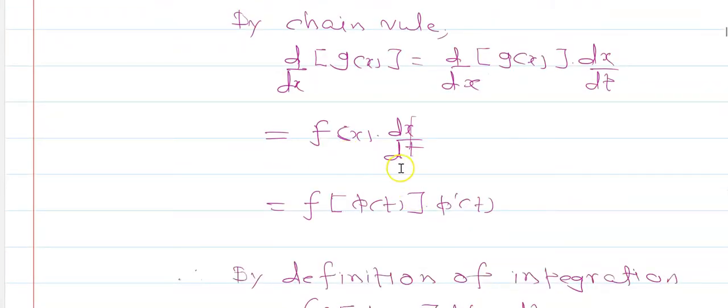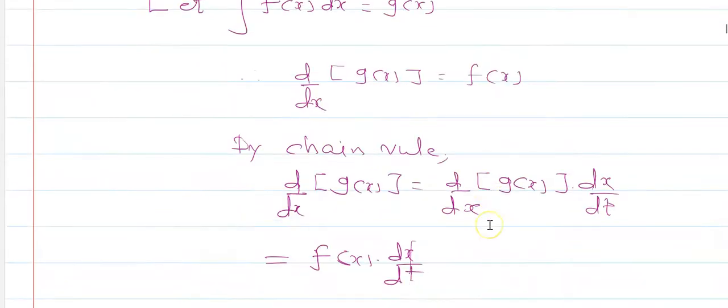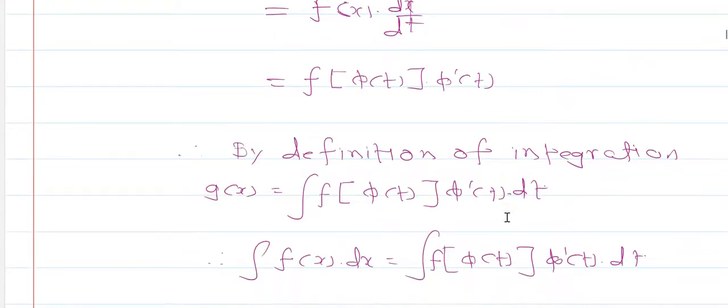Now we substitute the value of x. What is the value of x? x is equal to phi of t. And therefore here is f of phi of t into phi dash of t. Therefore, by the definition of integration, g of x is equal to the integral of f of phi of t into phi dash of t into dt.